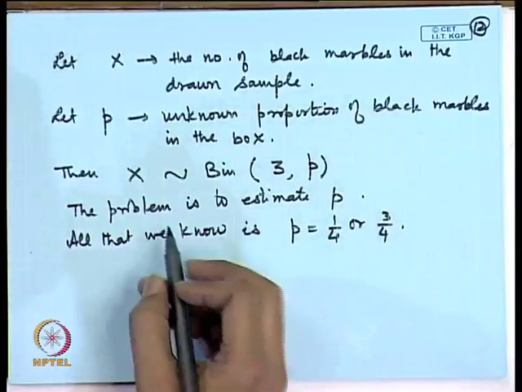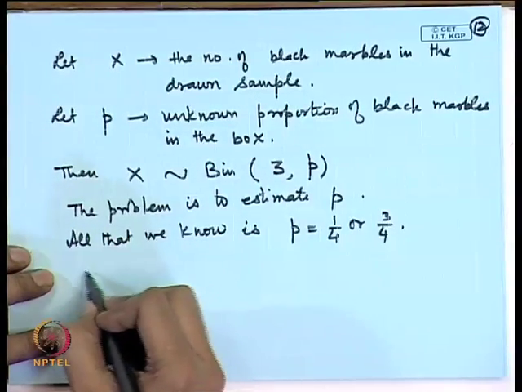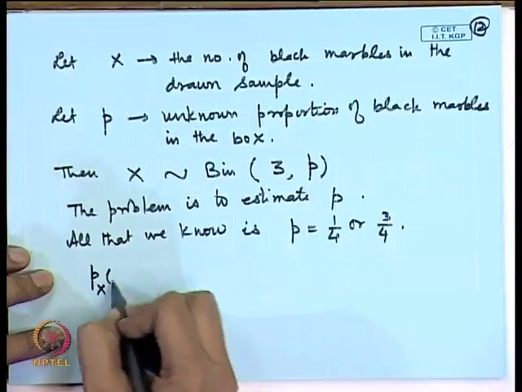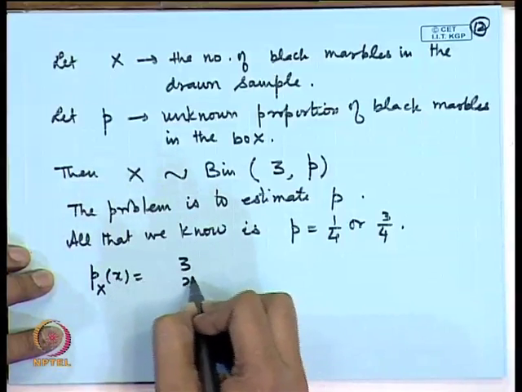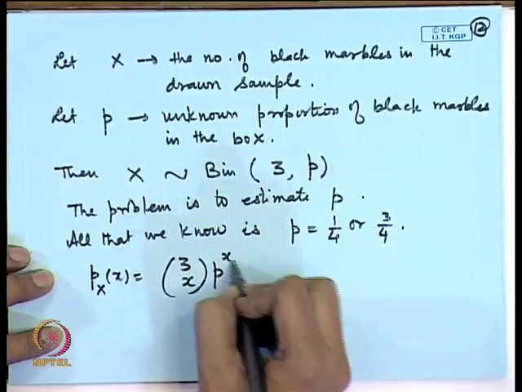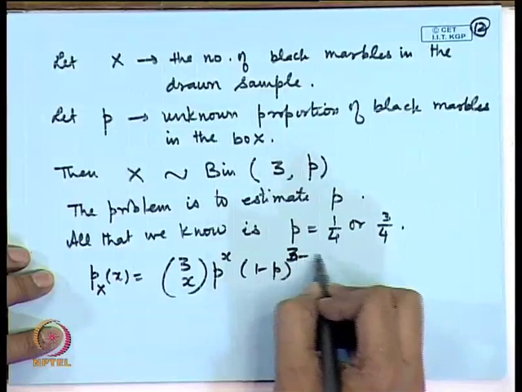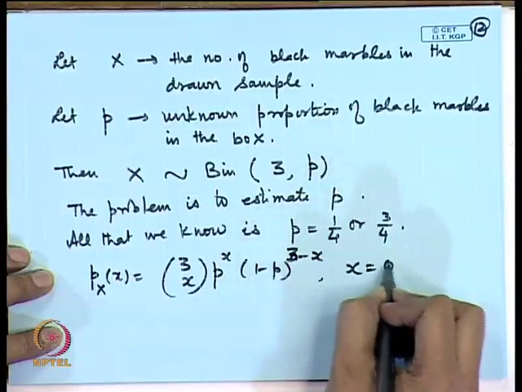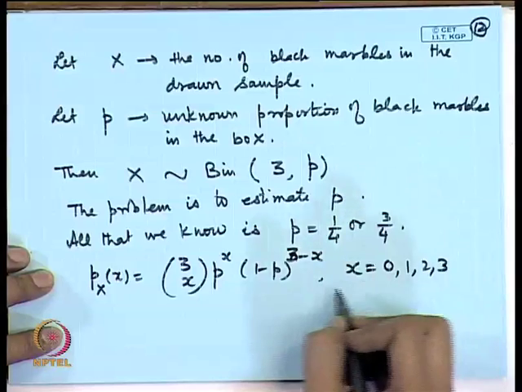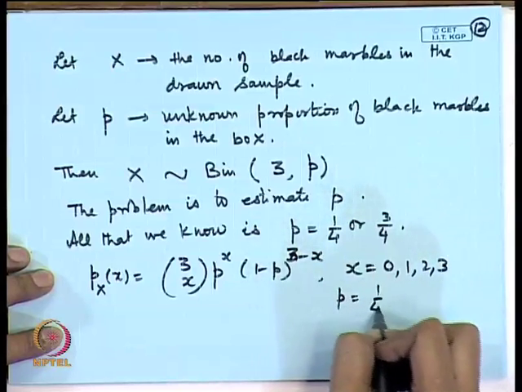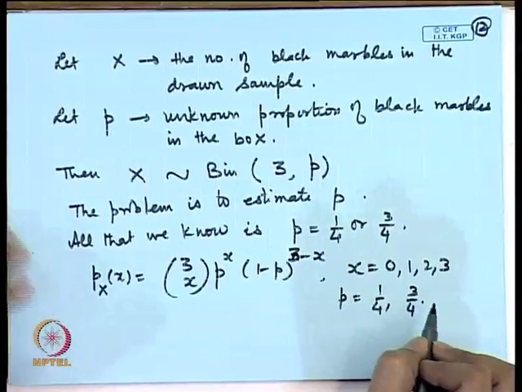So, we may write down the probability mass function of X as 3 C x p to the power x, 1 minus p to the power n minus x, where n is 3 here, so 3 minus x, x is equal to 0, 1, 2, 3, and p is either 1/4 or 3/4.